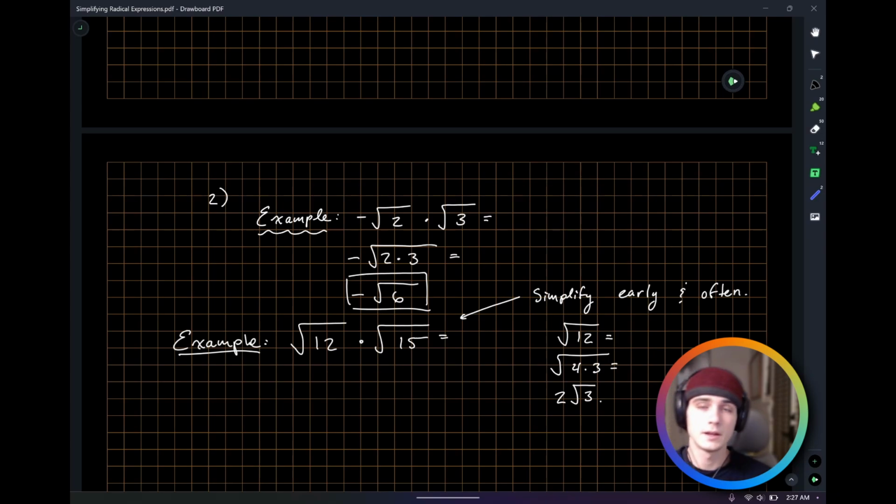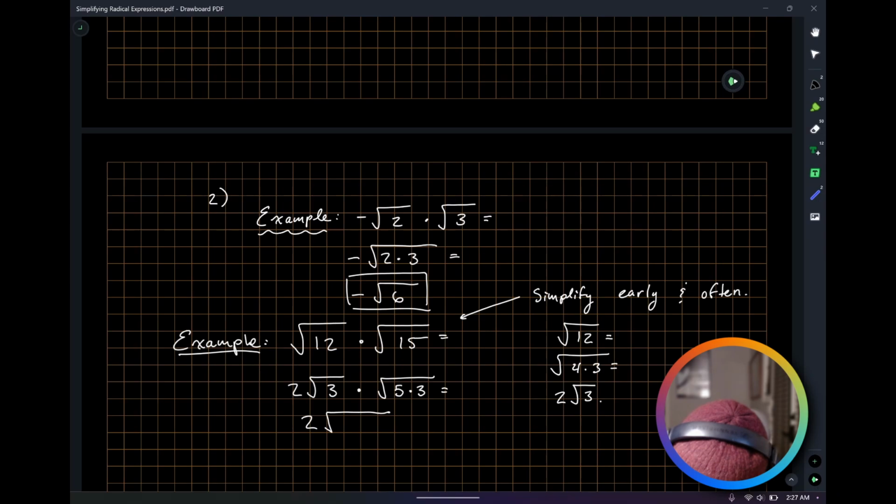Another thing you could be alerted to is that 15 is the product of 3 and 5. So if we rewrite this as 2 times 3 times the square root of 5 times 3, we're sort of catching the fact that if we simplify this now, we have 3 times 3 times 5, all under the square root roof.